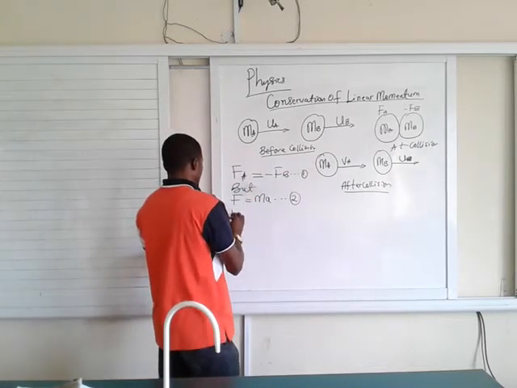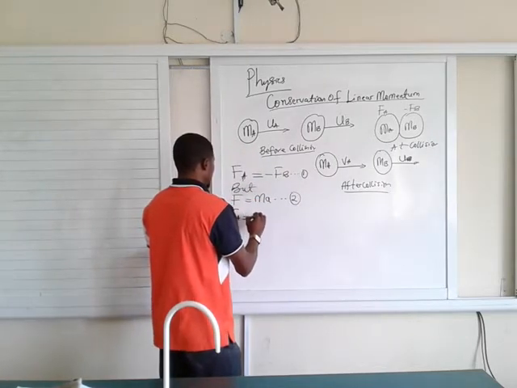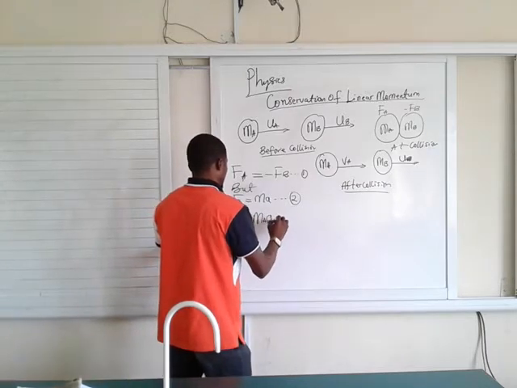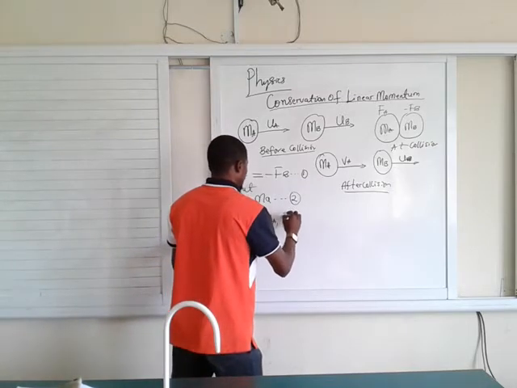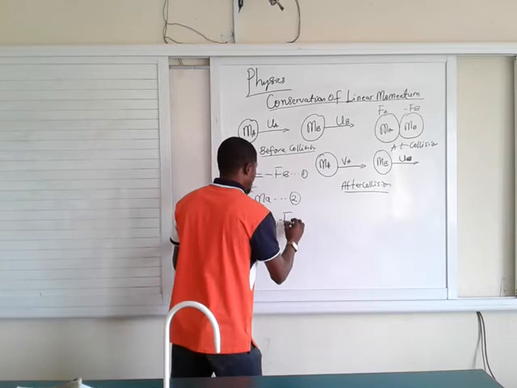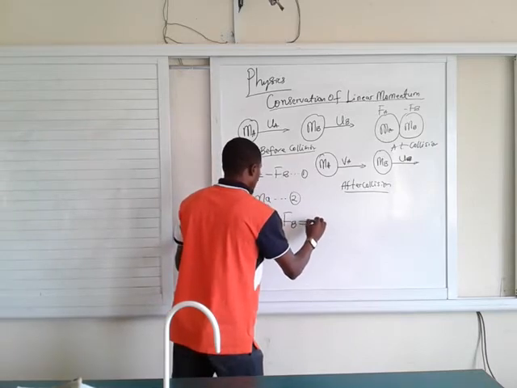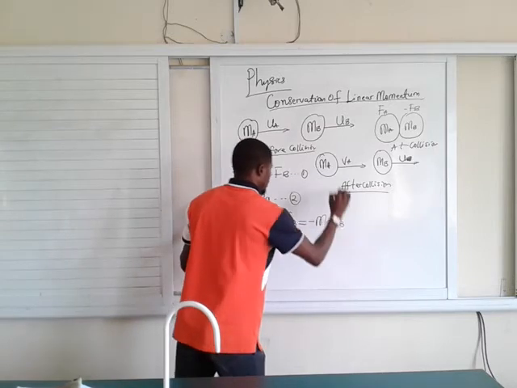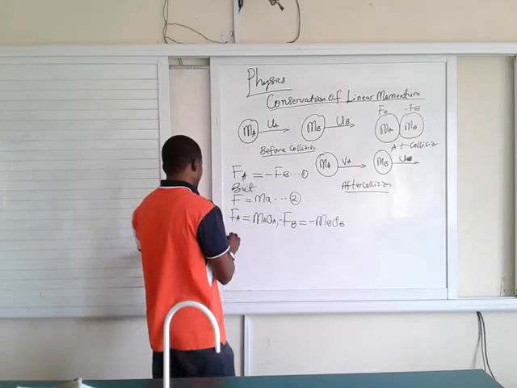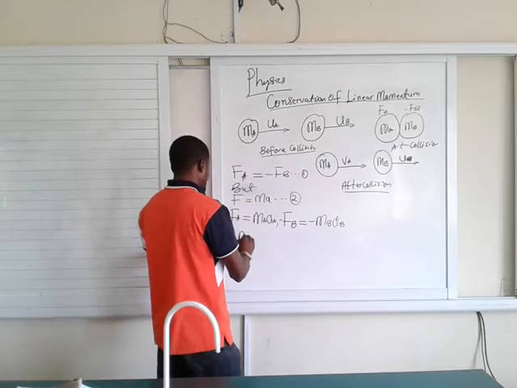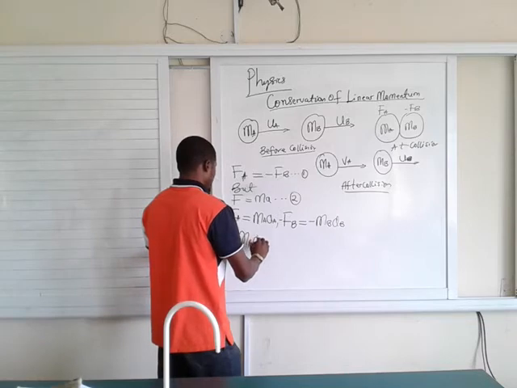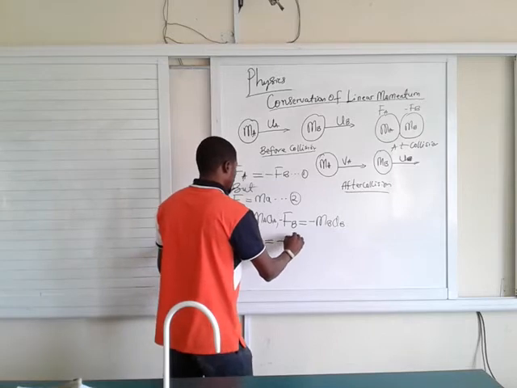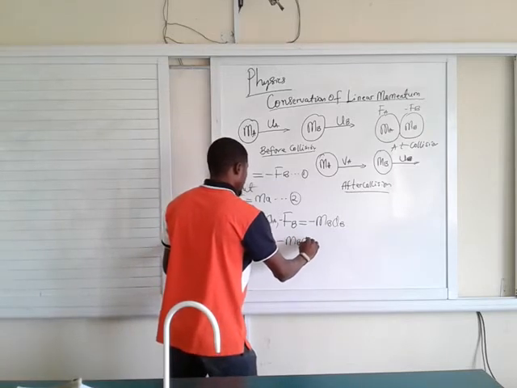So let's write FA is equals to MA, A subscript capital A, and also minus FB is equals to minus MB, A subscript capital B. So this implies that MA, capital letter A, is equals to minus MB AB.